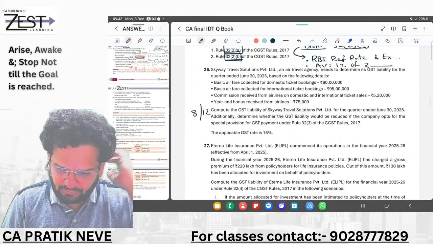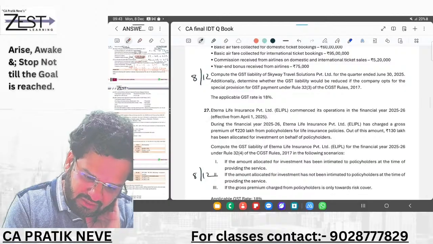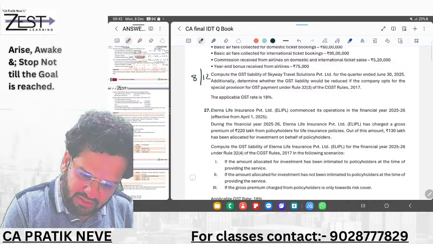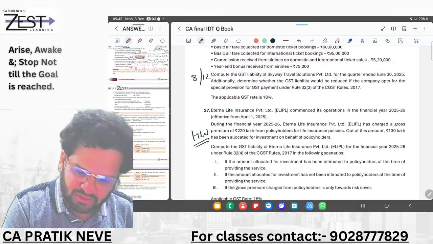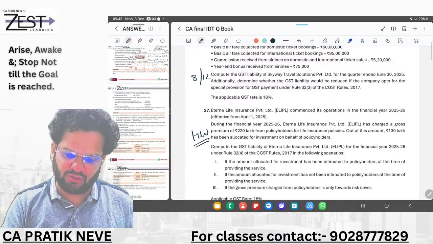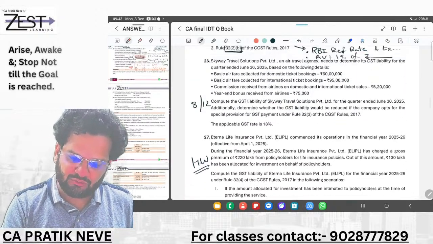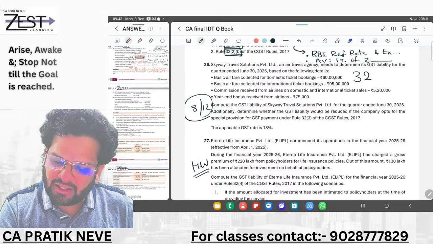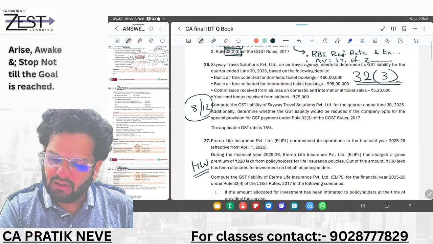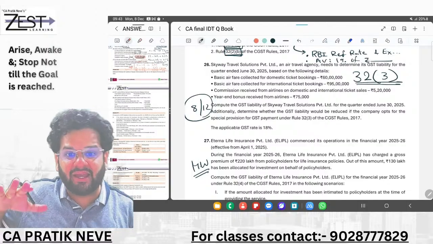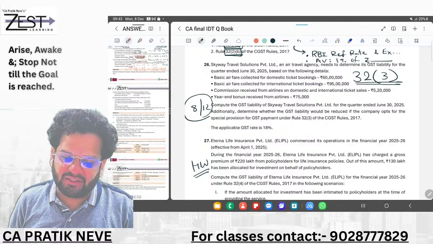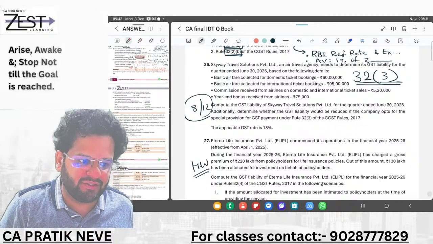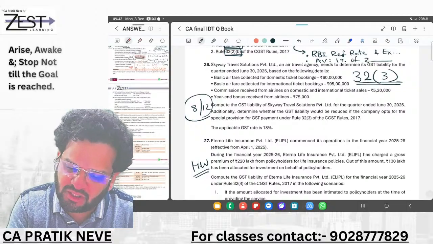Next, see, this is of insurance, you will do this yourself as homework for sure. A similar question we have done. Yes, we want to do the air travel agent now. How to do the valuation for an air travel agent is covered in rule 32 sub rule 3, and that is an optional way of valuation.